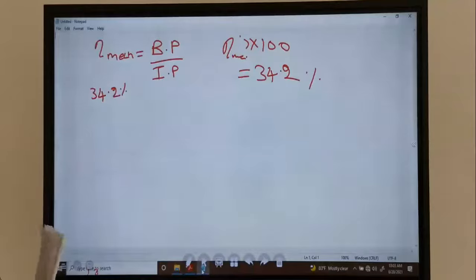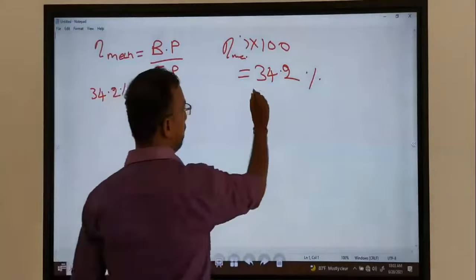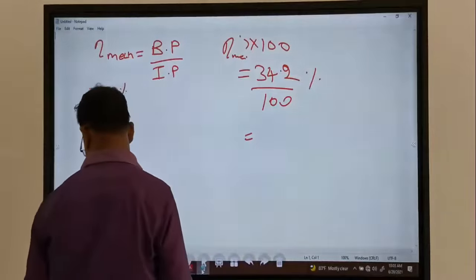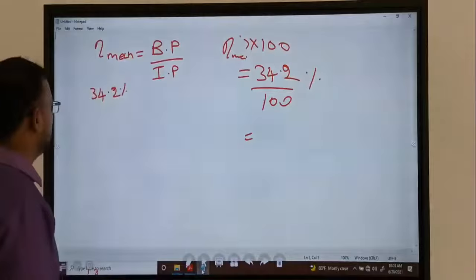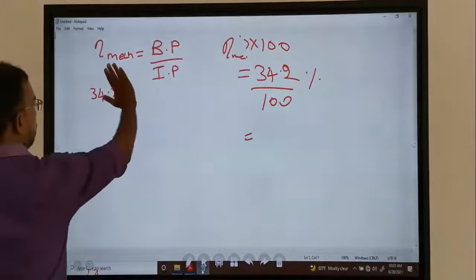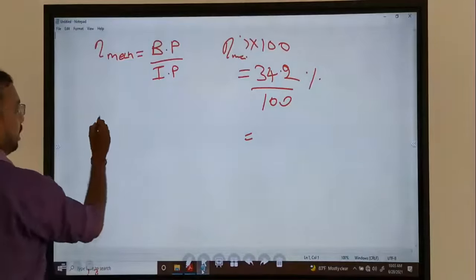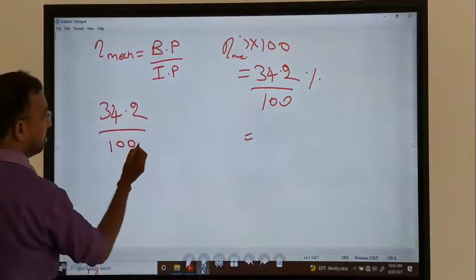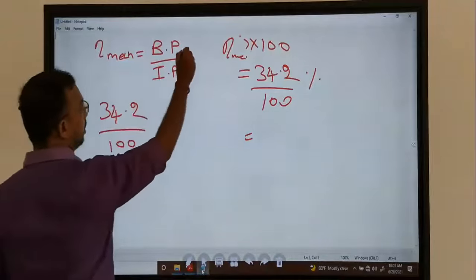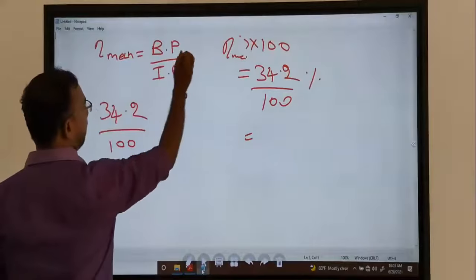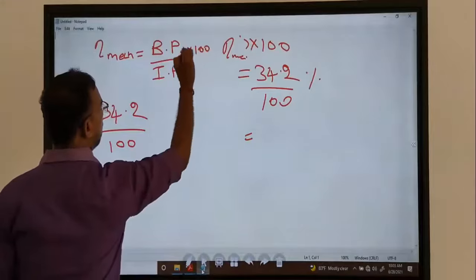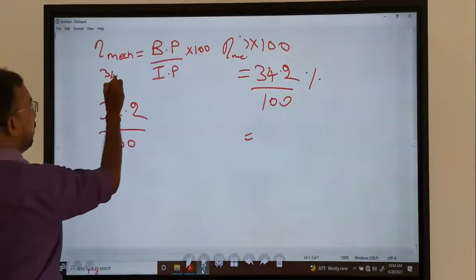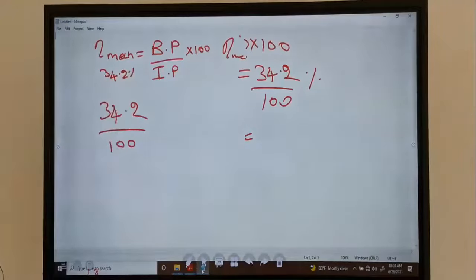So for the efficiency we have to divide 34.2 by 100, because actually the equation is like this: the value multiplied by 100 is equal to 34.2 percent.